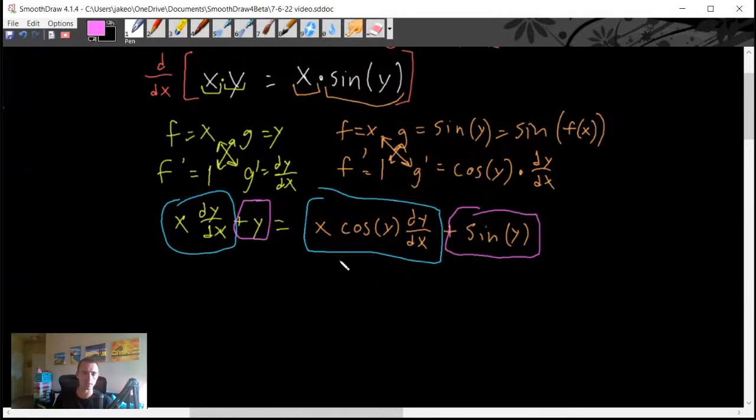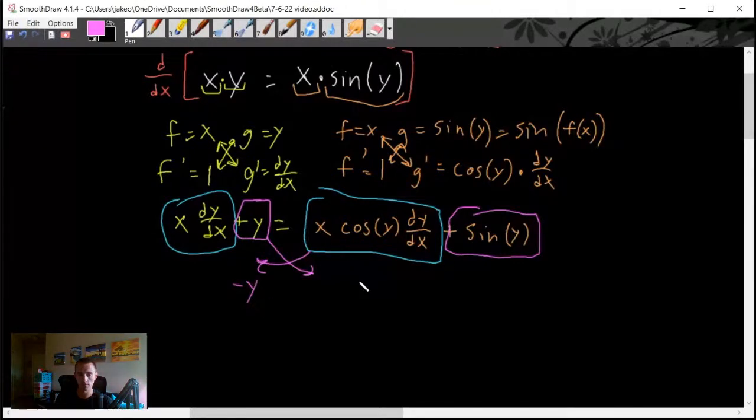So basically, we can move our dy dx terms over to the left, move our non-dy dx terms over to the right. So to do that, if we have a plus y right here, we just need to minus y from both sides. If we have x times cosine y times dy dx, we would just need to minus that over to the other side.